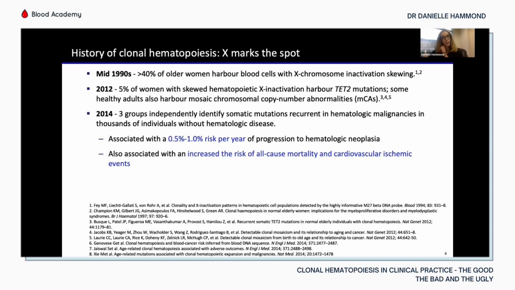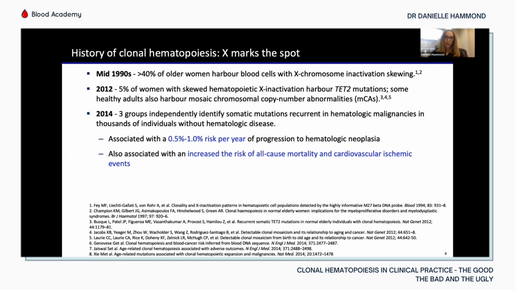So, a bit of history about the field of clonal hematopoiesis. In the mid-90s, it was the first time it had become appreciated that there's hematopoietic oligoclonality in healthy individuals, when it was noted that over 40% of women over the age of 60 actually harbored X chromosome inactivation skewing greater than a ratio of 3:1.